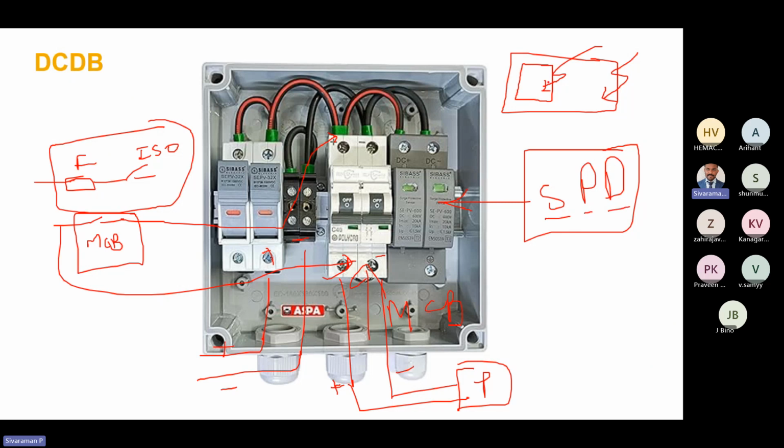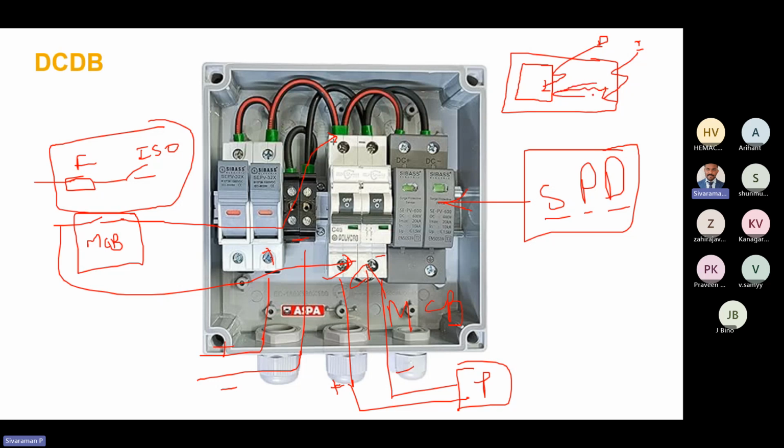There are two possibilities. One is the direct lightning stroke, that is, lightning hitting your equipment directly. The second one is the indirect lightning stroke. This will be direct and this will be indirect. Lightning hits nearby things, and from that there is an induction.